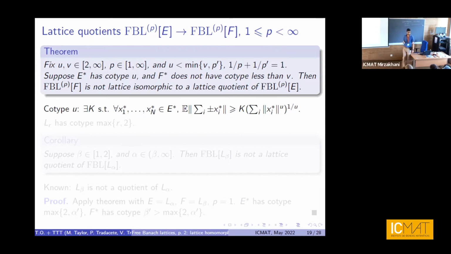This will all be equivalent by the Kahane-Khintchine theorem. Another thing is that this condition gets less and less restrictive as u increases. If u is infinity, then this will be true by the triangle inequality, so every Banach space has cotype infinity. This is called the trivial cotype, and the tricky part is about finite cotypes, so non-trivial cotypes.